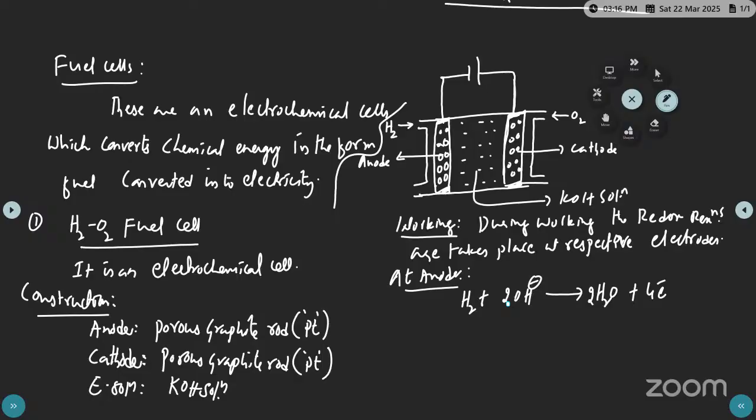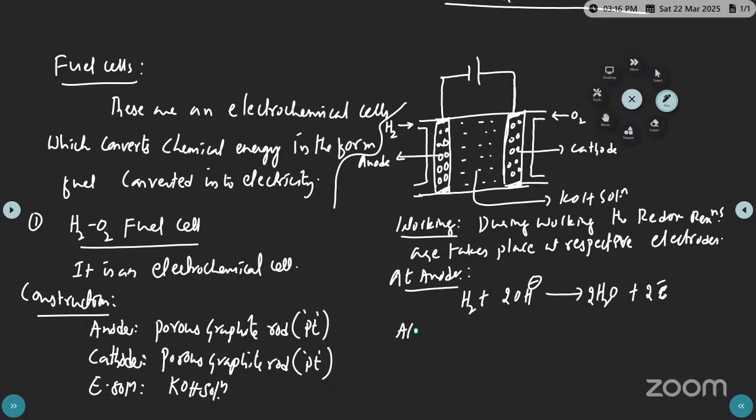So H2 in the presence of OH minus ions involves in the oxidation by loss of 2 electrons. And this is the anodic reaction.